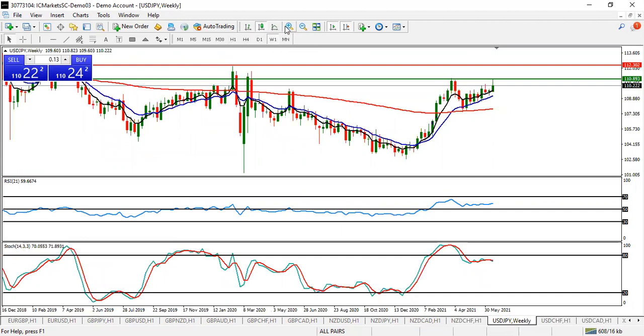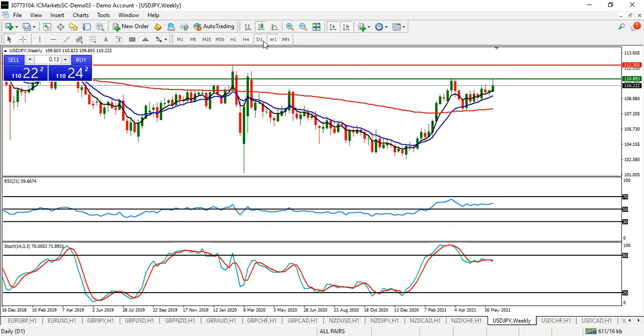Coming to the weekly time frame, we see a resistance has been retested with some rejection. This pair's weekly candle closed green with some rejection, so the rejection may cause it to pull down a little bit more during this coming week.